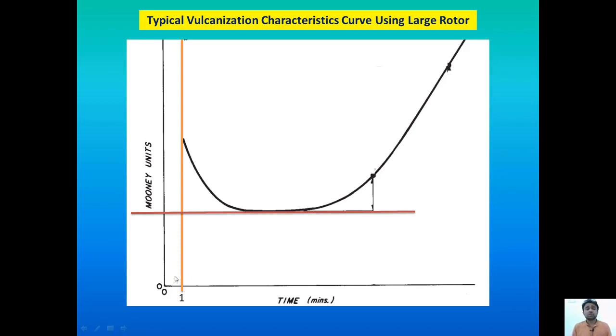Now in the Mooney viscometer, the rotor rotates at a constant rotational speed of 2 rpm. It always tries to keep that speed. So at the initial stage, what will be felt by this rotor?